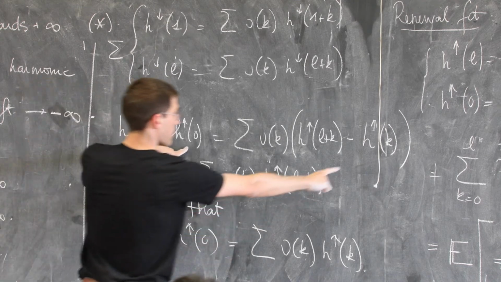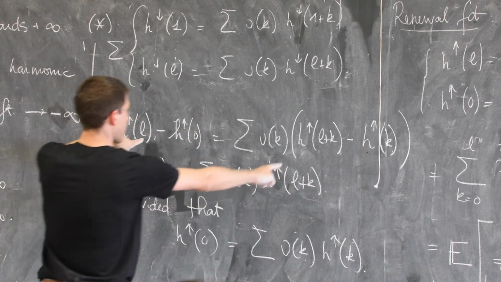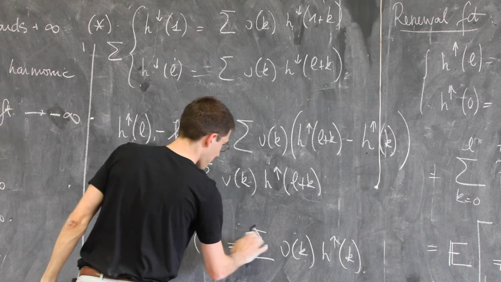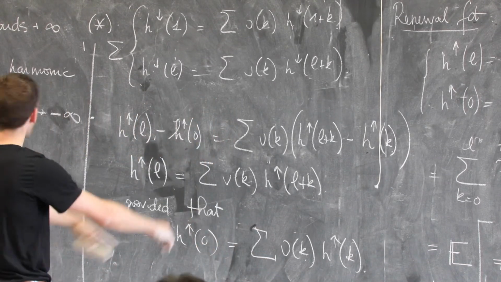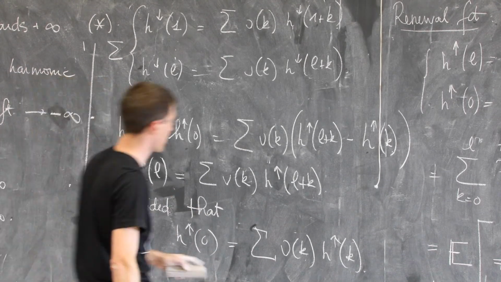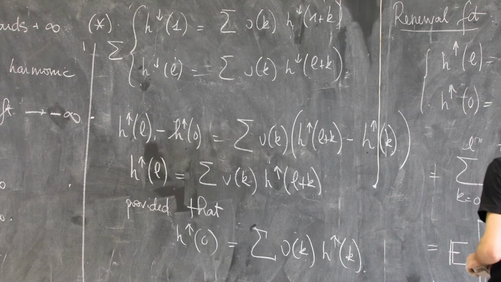Okay? If I have harmonicity at 0, I then use harmonicity at any L. And it will follow from the proof that if we don't have this, it's in the good direction so that it's superharmonic.